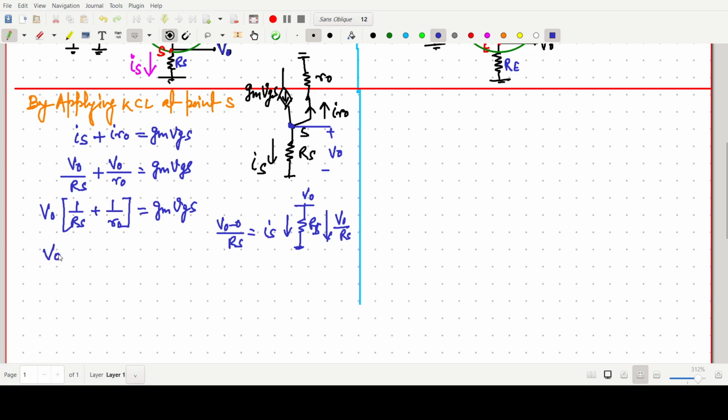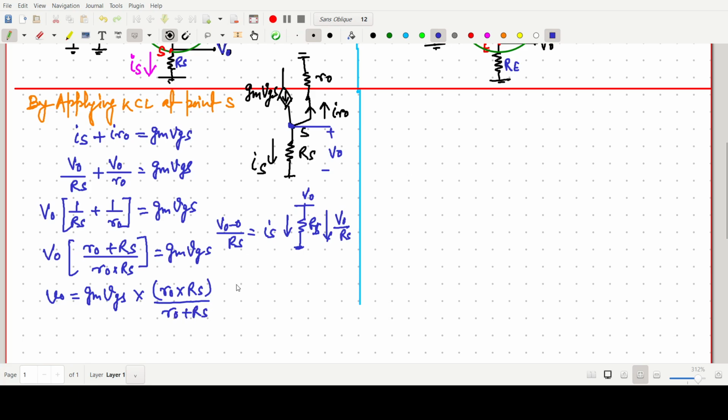So the V naught value we can write as GM VGS into R naught into RS by R naught plus RS. So this should be our GM VGS, and this can be written as R naught parallel with RS.